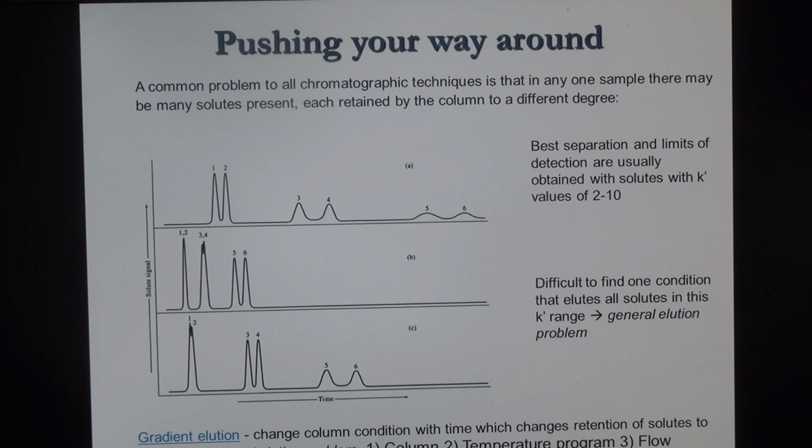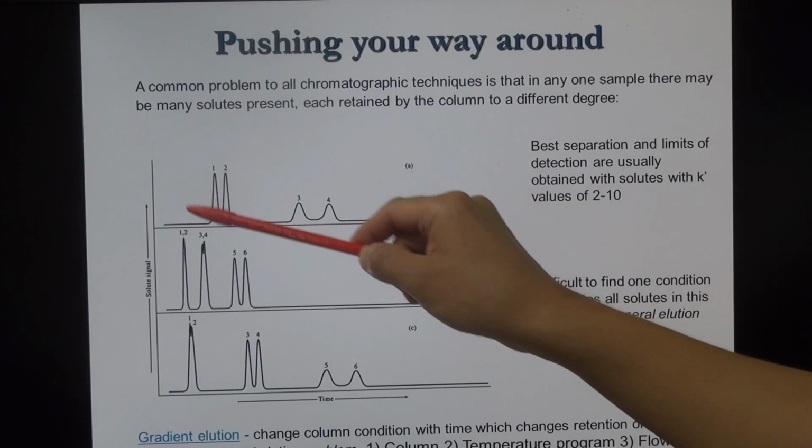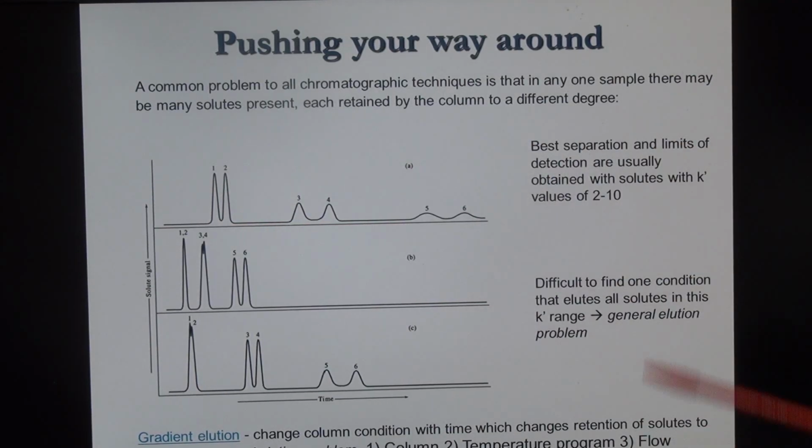As we have learned in chapter 26, for the best separation and for the best limits of detection, we need to obtain solute with retention factor of 1 to 10 or 2 to 10, right? For good separation. Okay? But the problem is, if there are many different compounds in a mixture, it's not really easy to find one condition that elutes all solutes in this good range of retention factor.